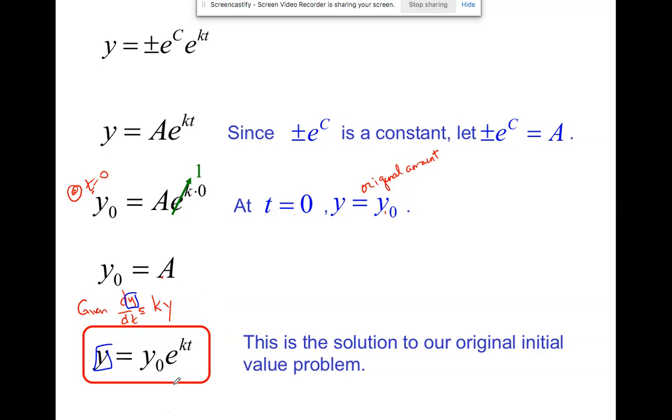That's what I call this. This formula is worth writing down. The solution to any exponential growth rate separable differential equation is y equals y sub 0 e to the kt. And you don't have to do all that calculus every time. AP allows you to go directly from this equation to here without showing any work.